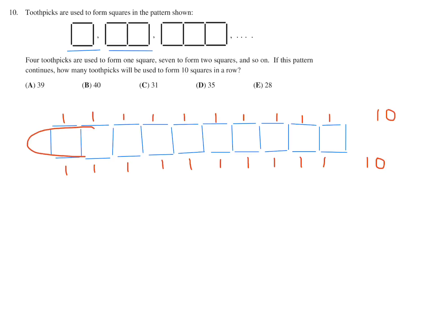Now I have to count the toothpicks that make up, I guess, the walls, if you can refer to it as that. 1, 2, 3, 4, 5, 6, 7, 8, 9, 10, 11. So that is a total of 31 toothpicks to form this pattern of 10 squares in a row. So number 10, the answer is C.